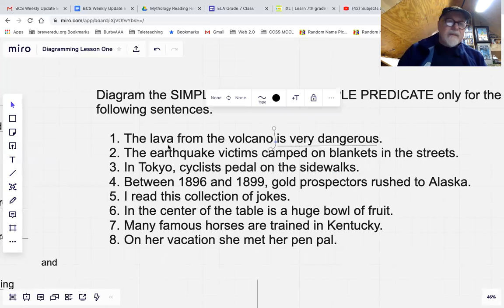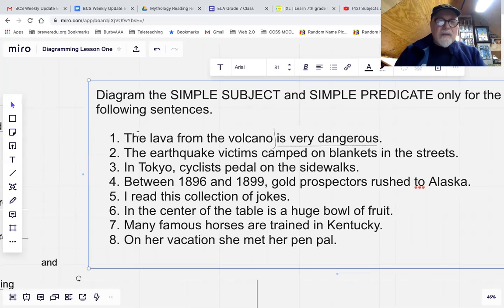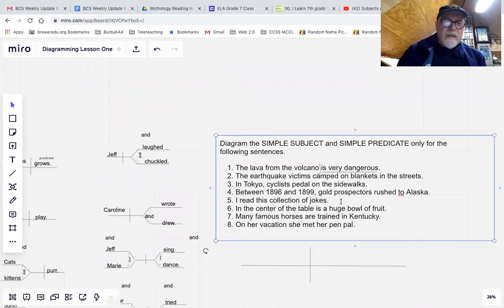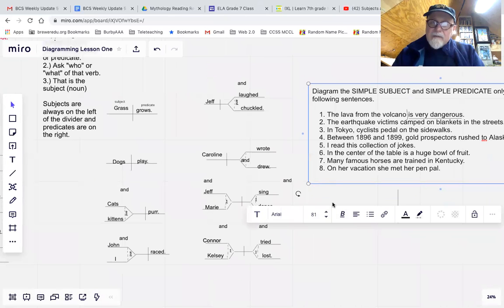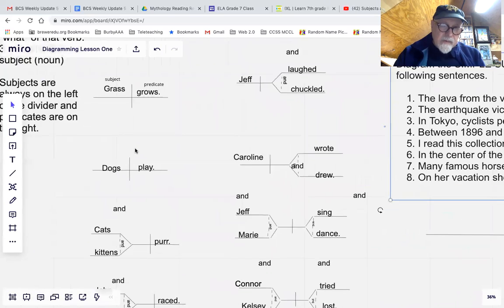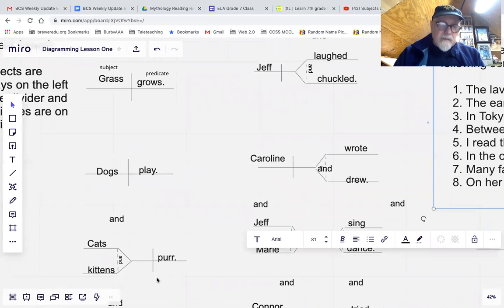Is very dangerous. So what you have over here is the complete subject, the lava from the volcano, and the complete predicate, is very dangerous. Probably should have done this on paper, but I think you can see from everything that we tried that if you take a sentence and cut it in half with a dividing line, like under grass grows, dogs play, and kittens purr, that vertical line usually separates a common construction of a sentence.